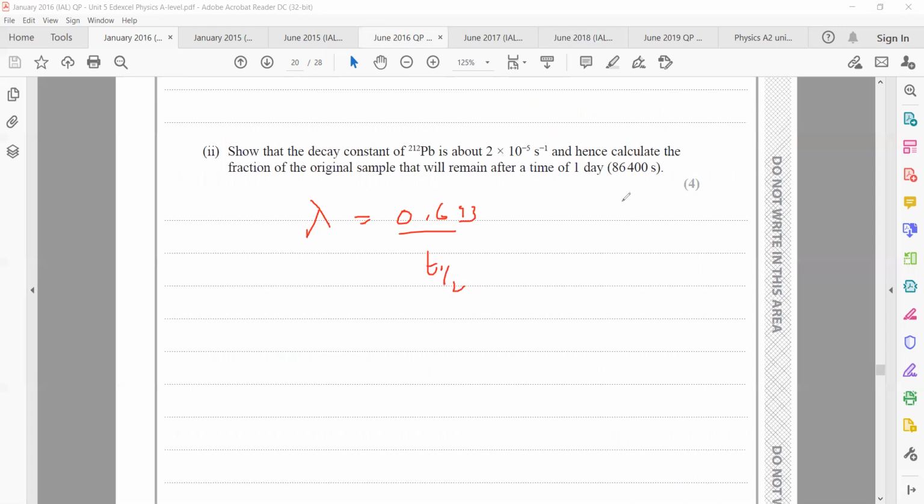And then we need a fraction, so we have this formula: N = N₀ e^(-λt). So lambda we worked out, t is the time given. We need a fraction, basically N over N₀.